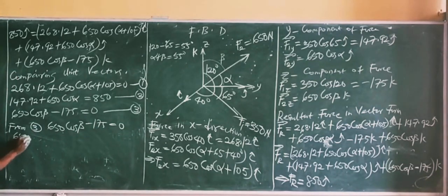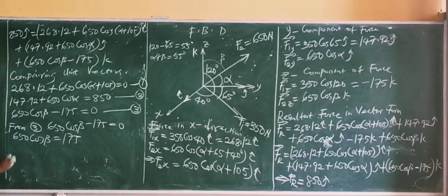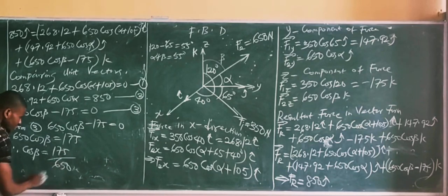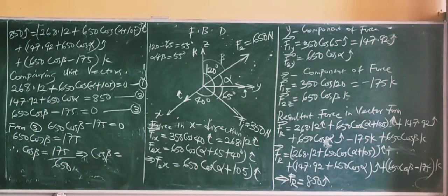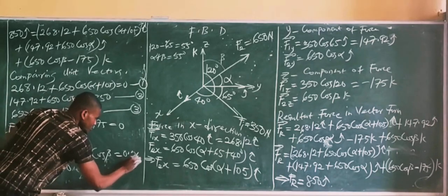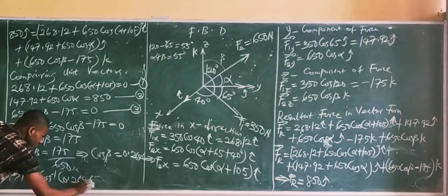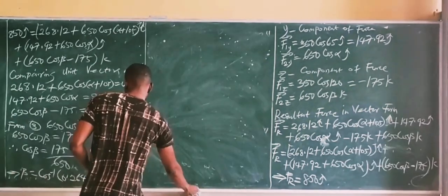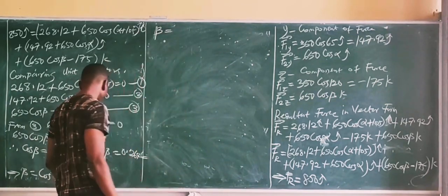We are going to have that 650 cos beta is actually 175, so cos beta is 175 divided by 650, which is 0.26461. So beta is cos inverse of 0.26461.